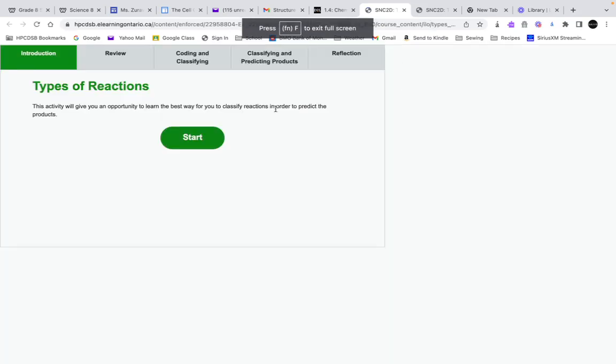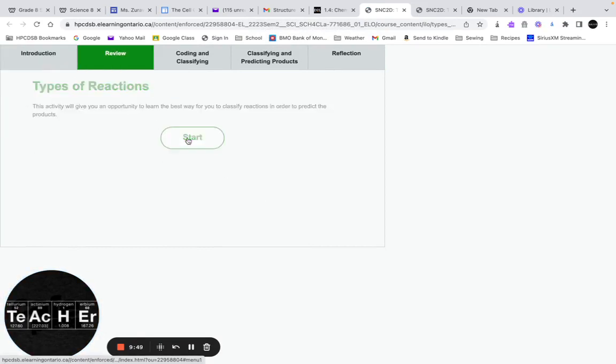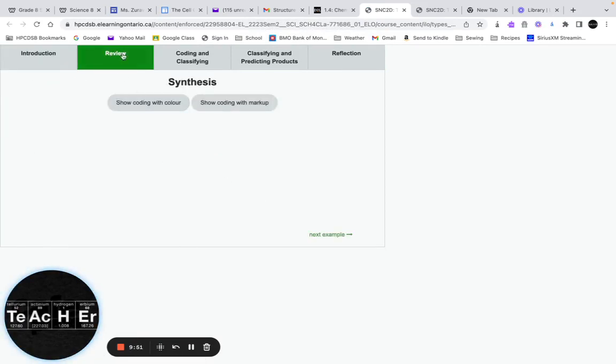And if you click on start, okay, it will take you to this different website, and it'll tell you an introduction. You can start, and then it'll review the different types of reactions. And you can pick, for synthesis, show color coding, okay? And then they'll give you an example, okay? And what they're doing is they're just coding the atoms to keep track of them. Okay. Here's another example, right, where you can do it with a markup.